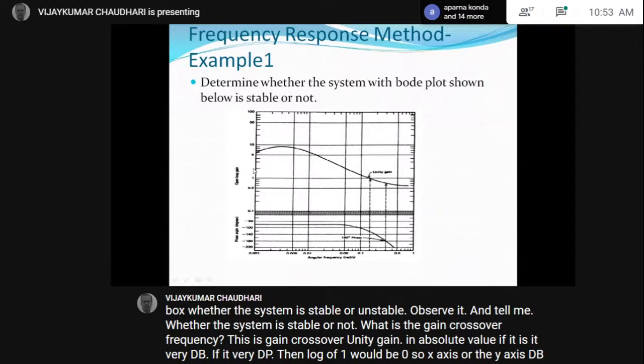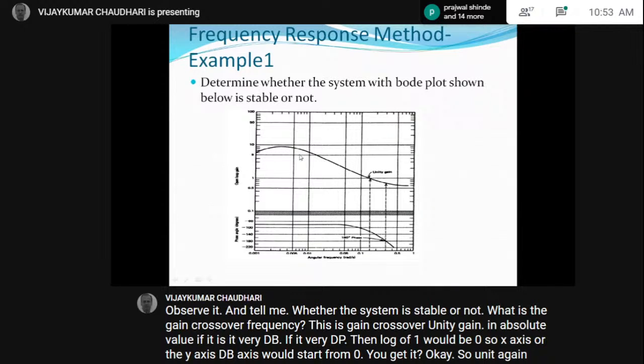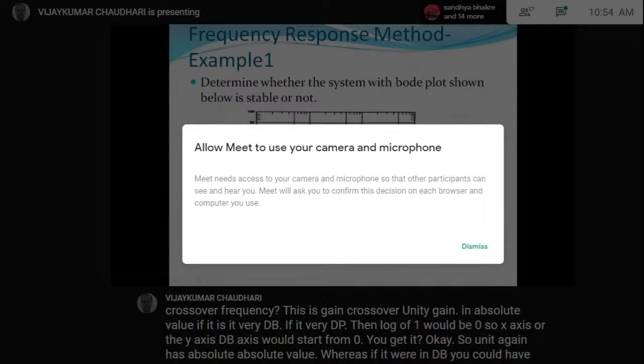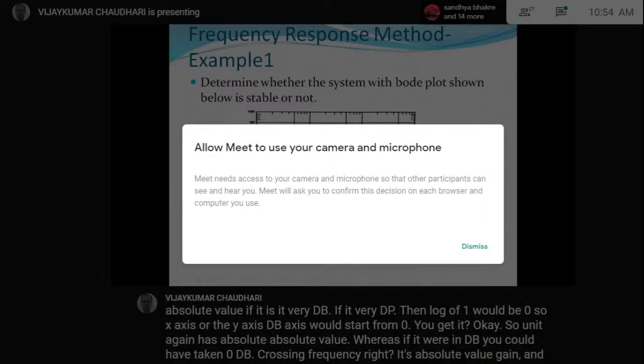Do you get it? So unity gain has absolute value, whereas if it were in dB, we would have taken 0 dB crossing frequency, right? It's absolute value gain, and therefore unity gain crossing is at 0.